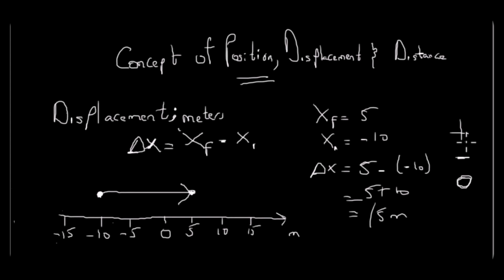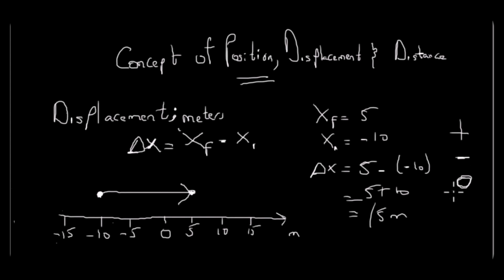Note, I didn't say my object has to be on the right to have a positive value. My object can be on the right and have a negative displacement. We'll look at more examples that will justify that very soon. If my displacement is negative in one dimension, it means my object is moving towards the left.